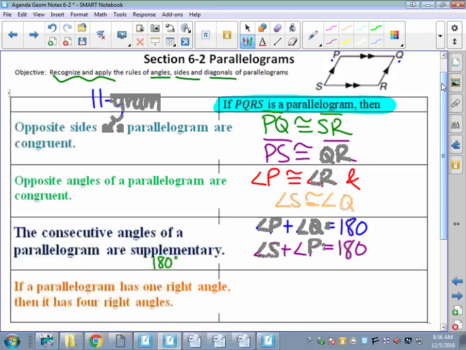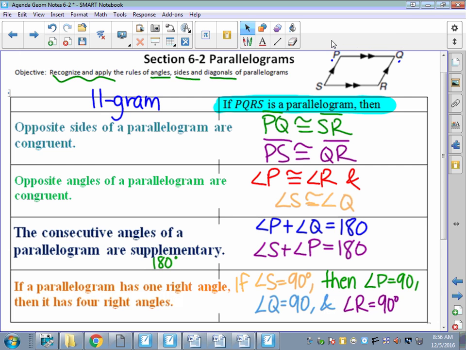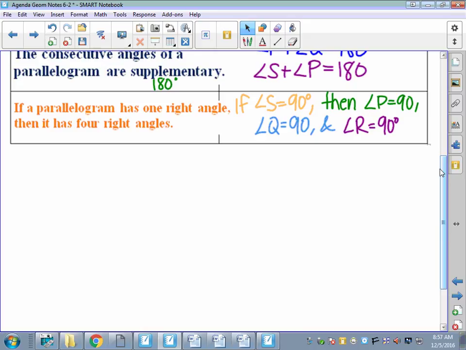So I could say, well, if angle S equals 90 degrees, and you could fill in any one of them, then angle P equals 90 degrees, angle Q equals 90 degrees, and angle R equals 90 degrees. If one of those angles of a parallelogram is right, then all four of those angles are right.